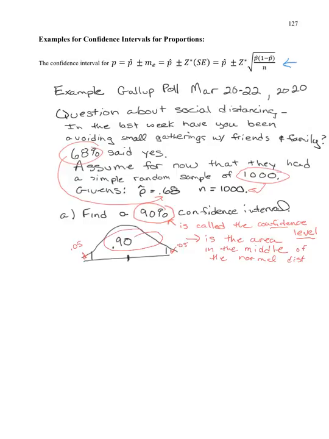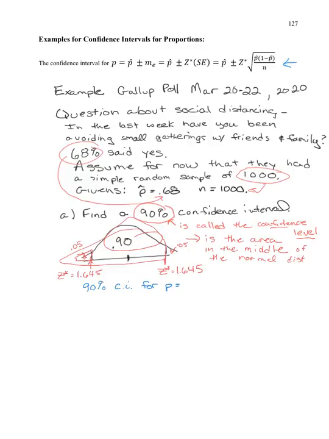So if we have 90% in the middle, that means we have 5% on each tail, and we can either look up the 5th percentile on the negative side or look up 95% on the positive side, and in either case we will find that z star equals 1.645, one that we pretty much know by now without looking it up.